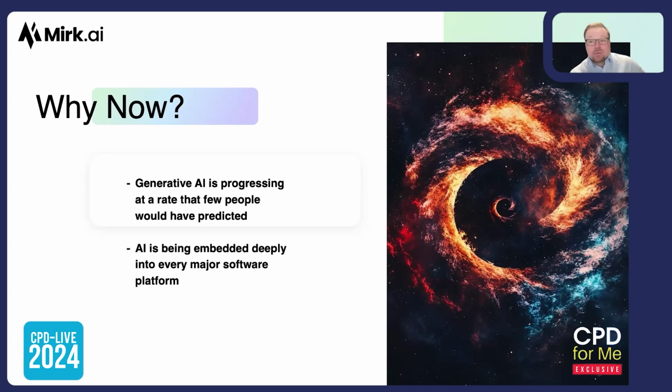Not a week goes by, often not a day goes by, without a release of a new version of one of the major platforms that is a substantial increase on what's possible.